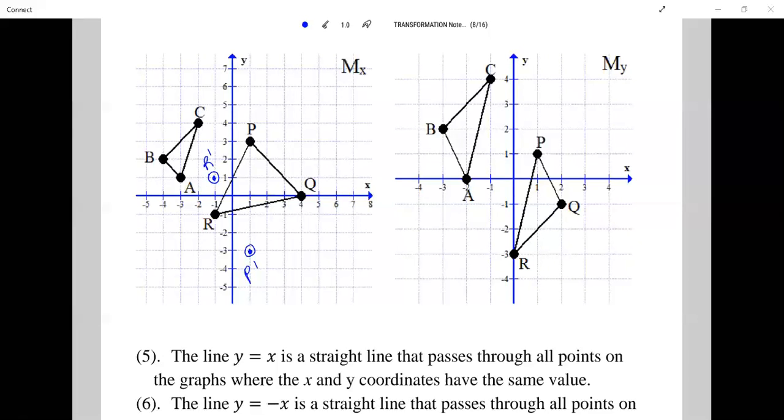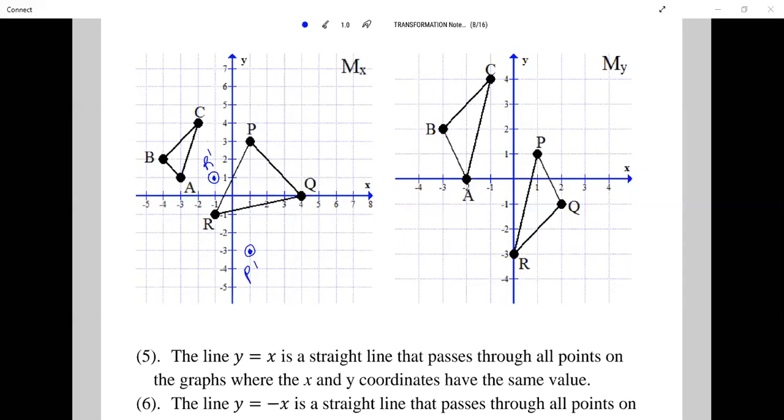Now, you could notice that Q is on the mirror line. Whenever you're reflecting a shape, a point that is on the mirror line does not move. So in a reflection, the point on the mirror line does not move. So the point Q is both object and image.